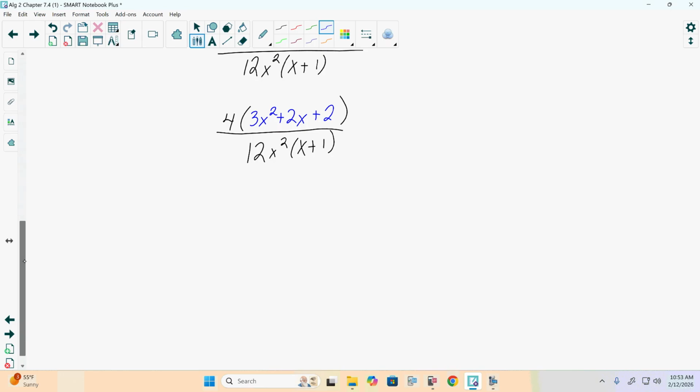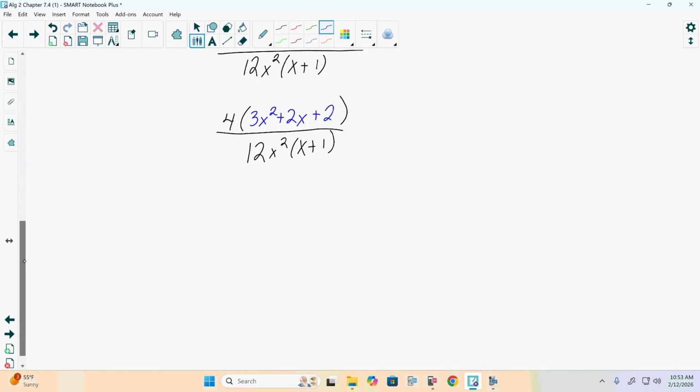Is there something in common on top and bottom? Because we're kind of at that yes and no, because sometimes we can do it, sometimes we can't. It depends on the setup, the situation. If we have factors on top that are being multiplied, then we can. Because do we have two things being multiplied on top of this fraction?